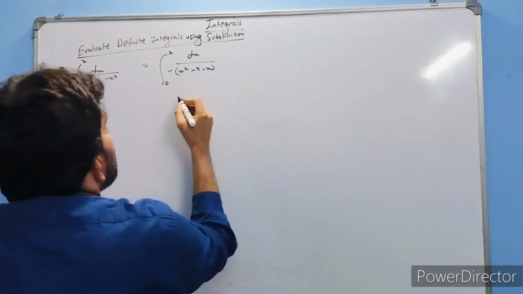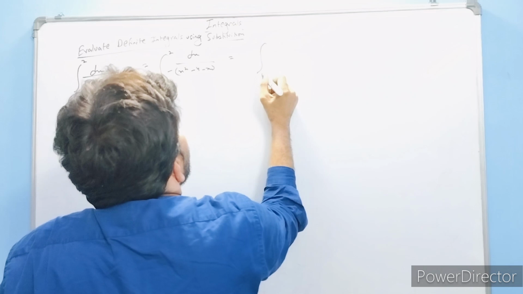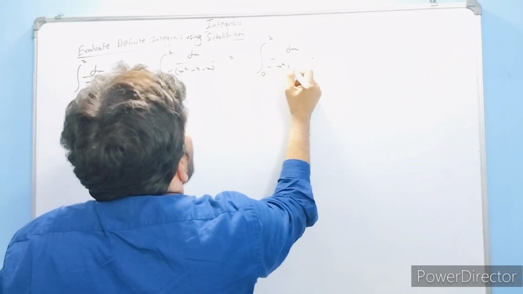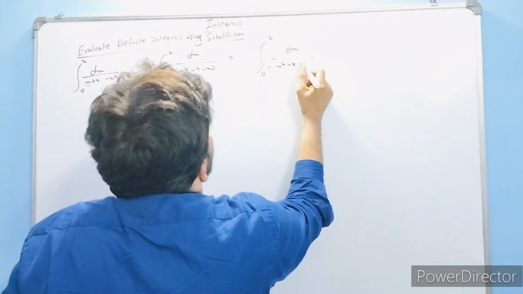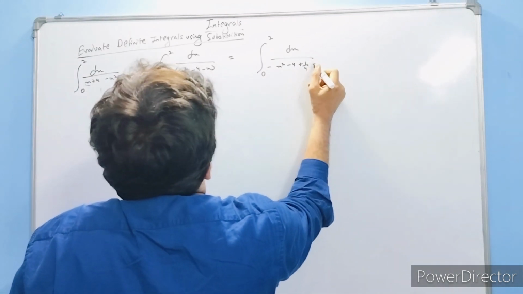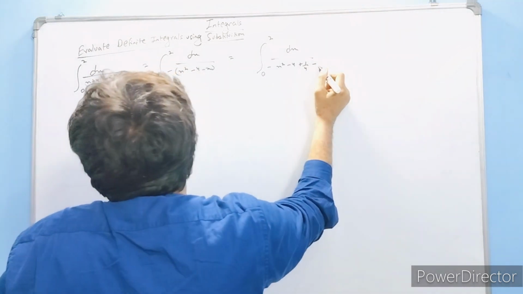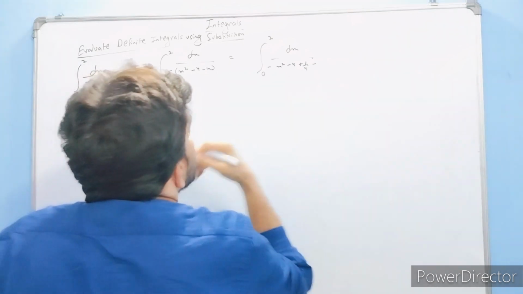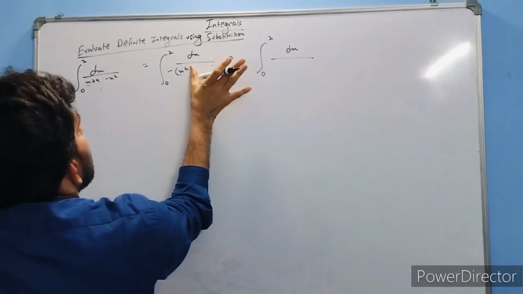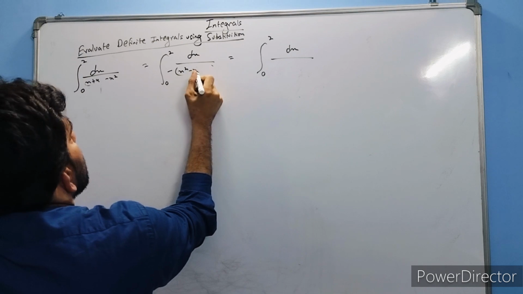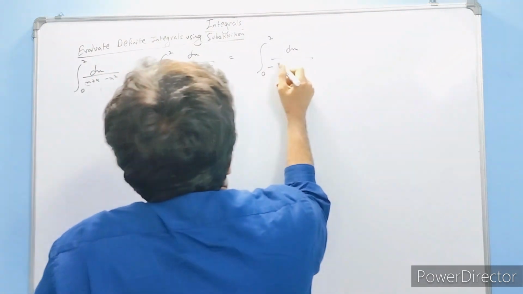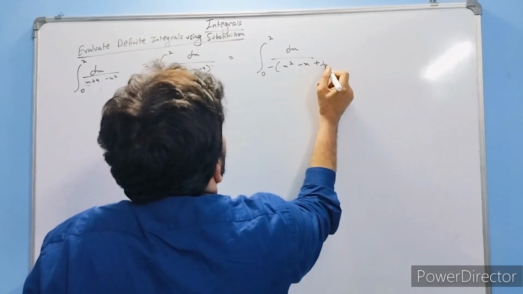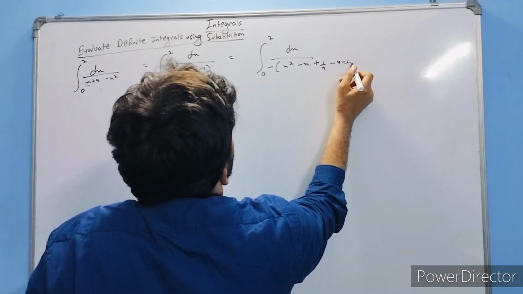Now I can write x square minus x minus 4, so I can take x square minus x plus 1 upon 4, minus 4 minus 1 upon 4 here.